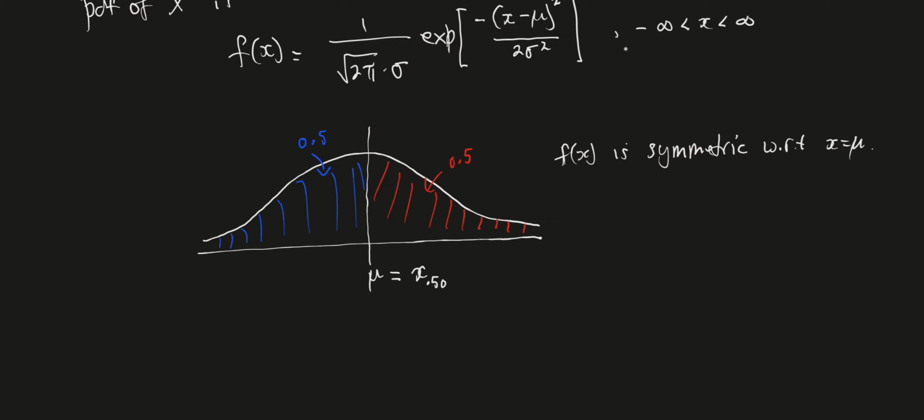It still technically covers the entire real line, but more of the distribution is centered around the mean. The smaller the standard deviation, the more your distribution is clustered around the mean.